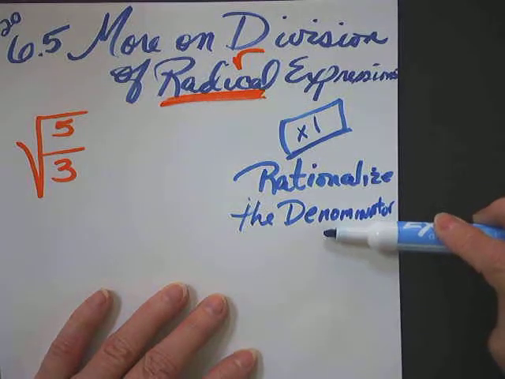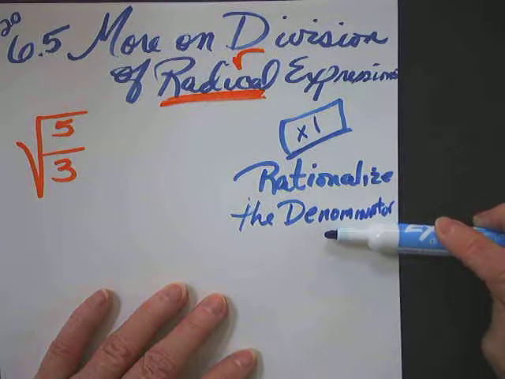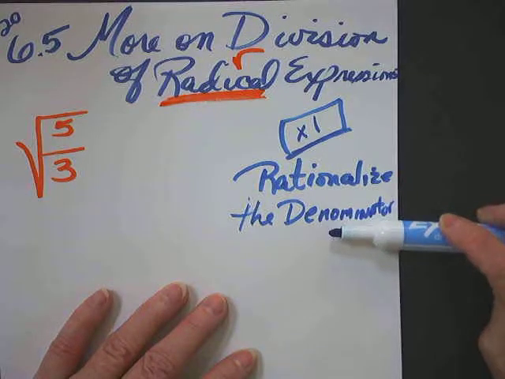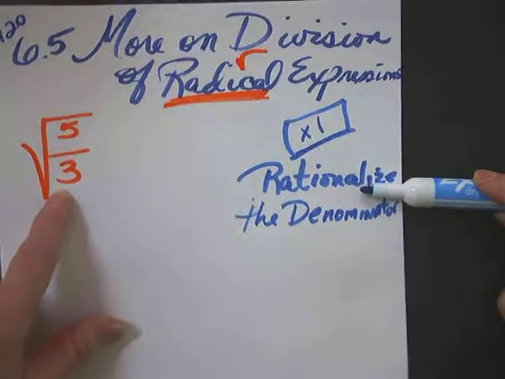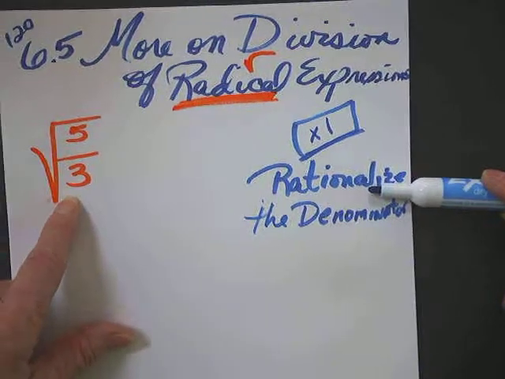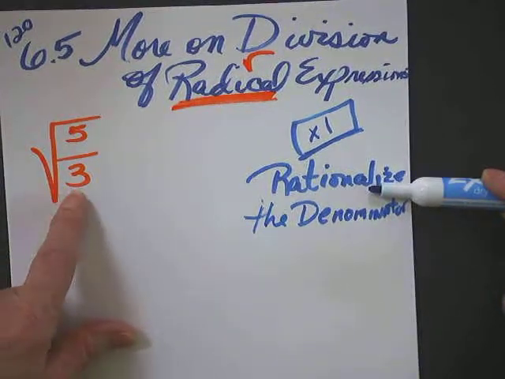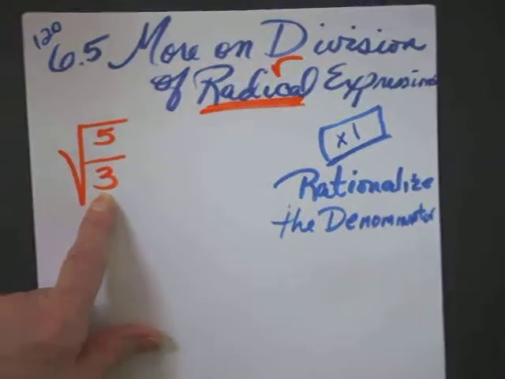That's telling you to make your denominator, which is the bottom of your fraction, rational, not radical anymore. That means to make it into a whole number. A number, not a radical. This is a radical. The bottom has a square root on it.